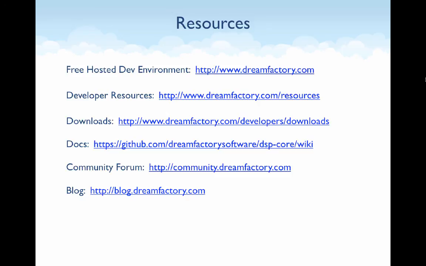There's also a community forum. Go to community.dreamfactory.com. That's also linked from the top of our website. And then lastly, you can check out our blog. We try to show some good demos, some good tutorials, and then also some bigger picture blog posts about where we see APIs and modern application development really happening today.